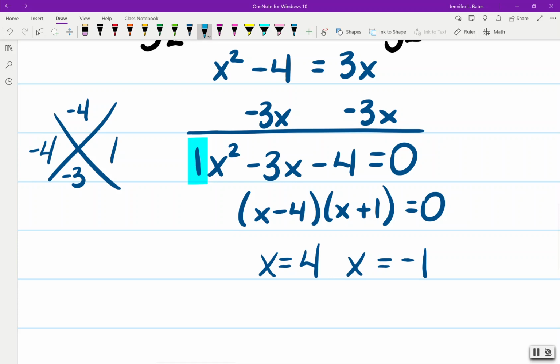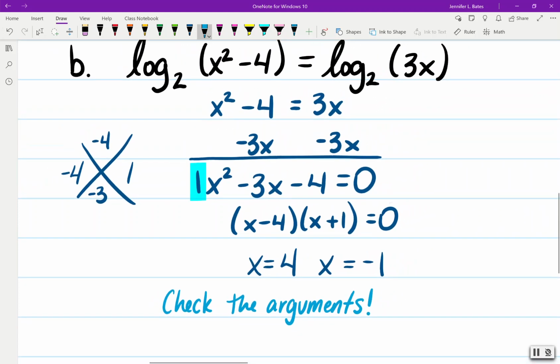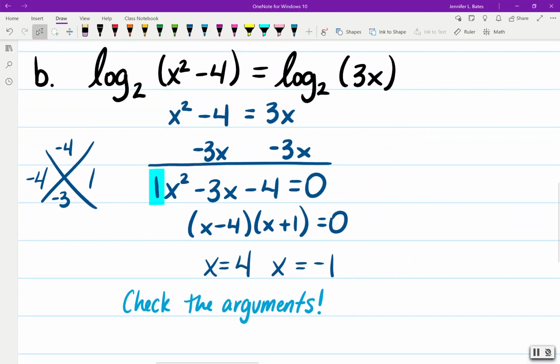Now, I'm not done. I need to check the arguments. So I'm going to start with 4, and I'm going to plug it in here. 4 squared is 16, minus 4 is 12.